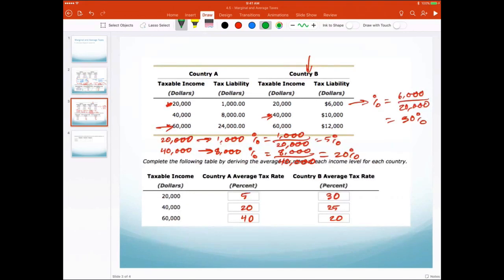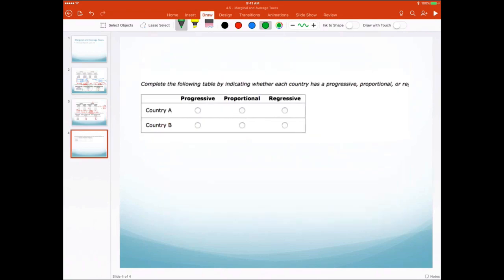Same thing with the average taxes. Country A, the average tax rate is going up. Country B, the average tax rate is going down. So therefore, country A would be a progressive tax system, and country B would be a regressive tax system. Okay? So that's how you'd solve those types of problems.